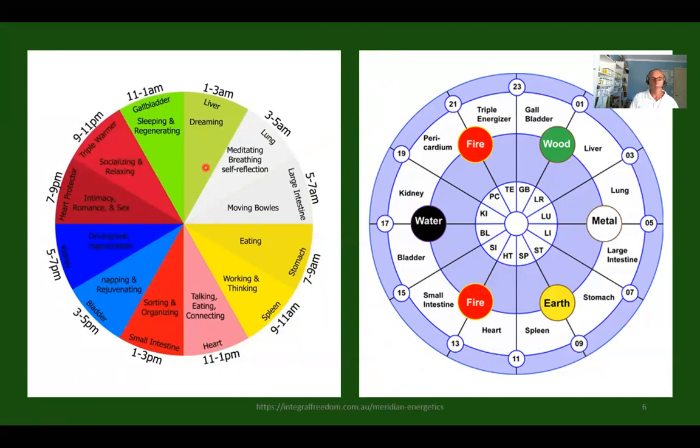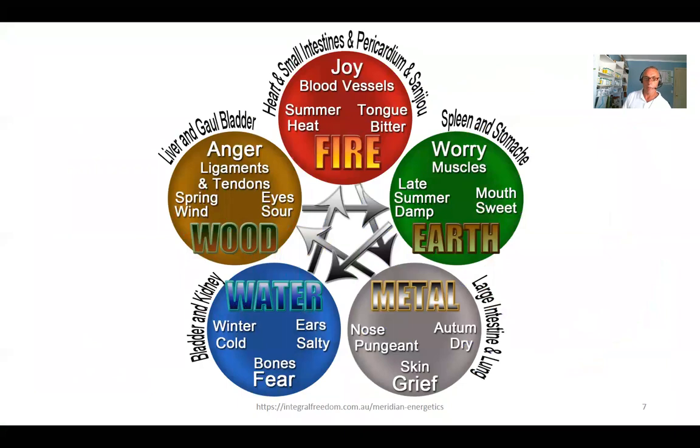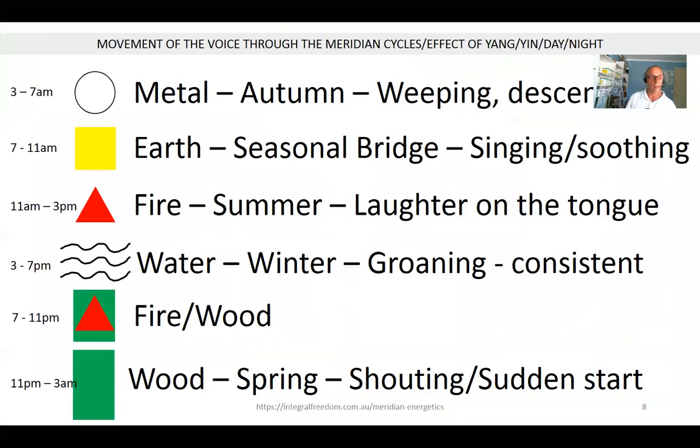And like I said before, in the 5 elements, everything can be put into the 5 elements to explain its function and its relationships, if it supports, if it sedates, if it antagonises, if it promotes creation. And in the voice, when we look at 5, well, let's just look here. So I've got it here.